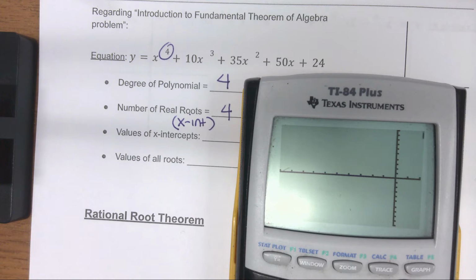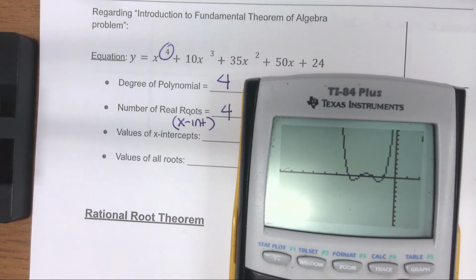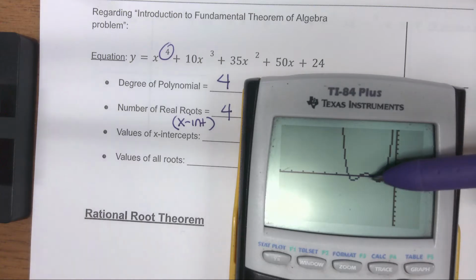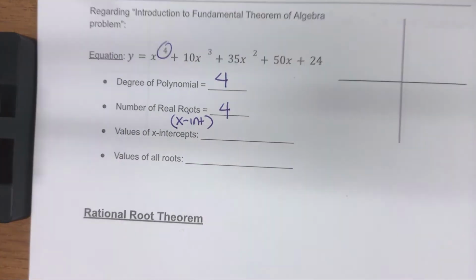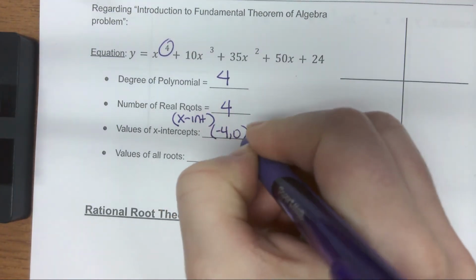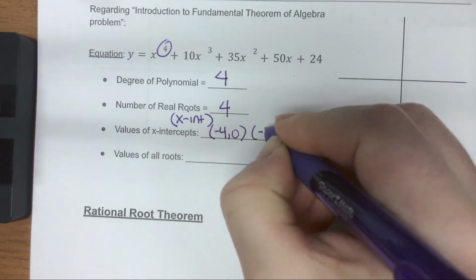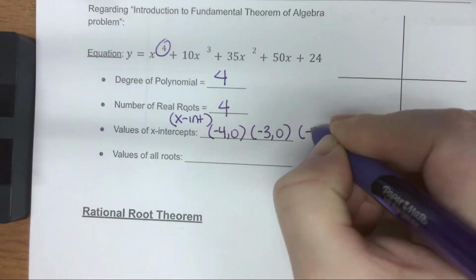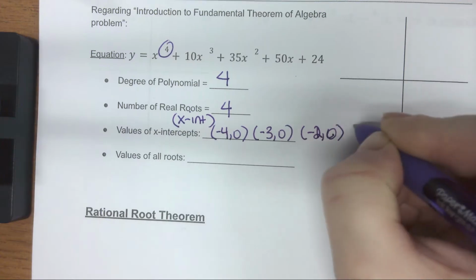You see where they cross. To me, just guessing, that looks like -1, -2, -3, and -4. So the values of the x-intercepts are -4, 0, -3, 0, -2, 0, and -1, 0.